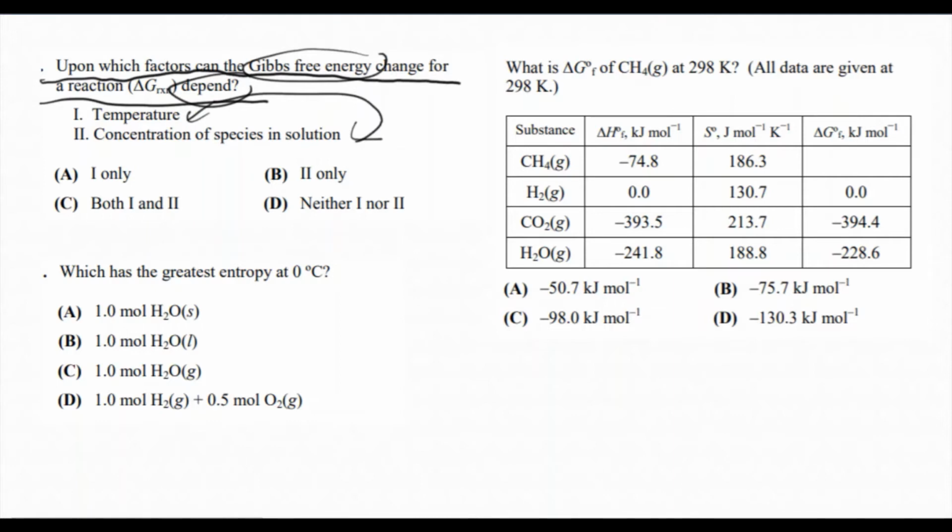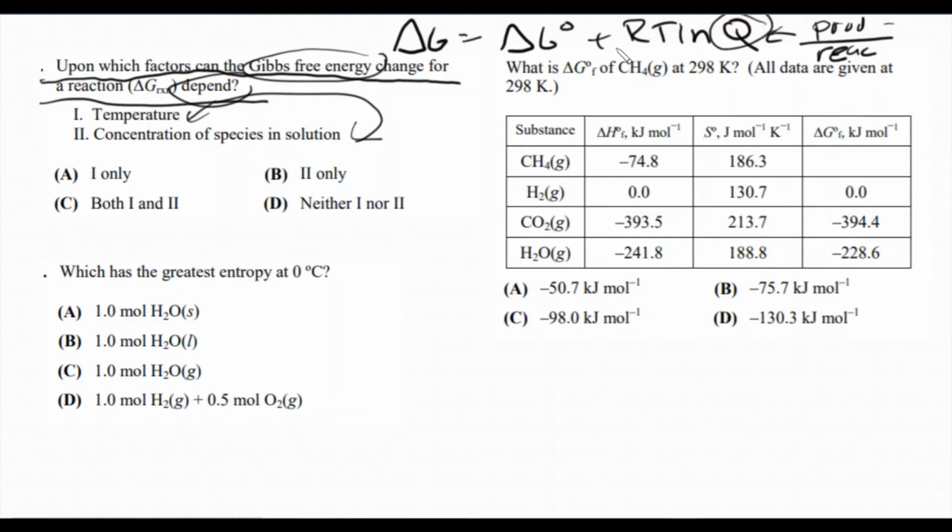Well, we know that delta G is equal to delta G naught plus RT ln Q. Now, remember, Q represents the reaction quotient, and this tells us the ratio between products over reactants. So obviously, if we change the concentrations of species in the solution, this Q will change, so delta G will respond to that. So delta G definitely depends on the concentration of things.